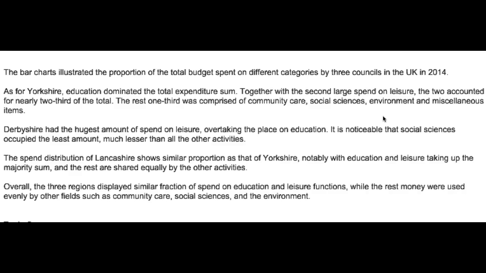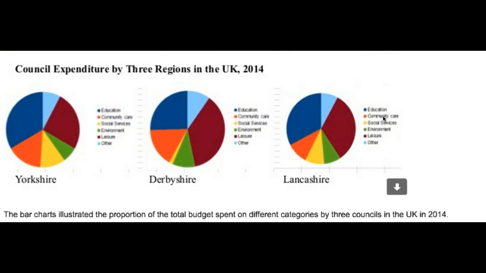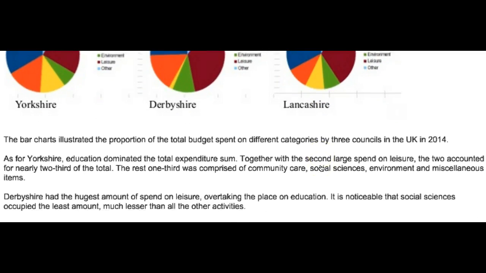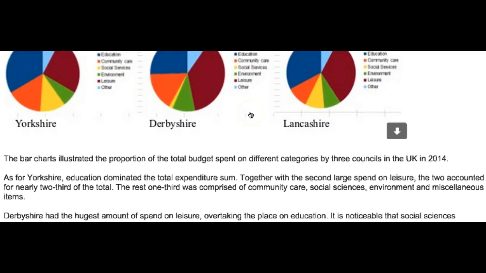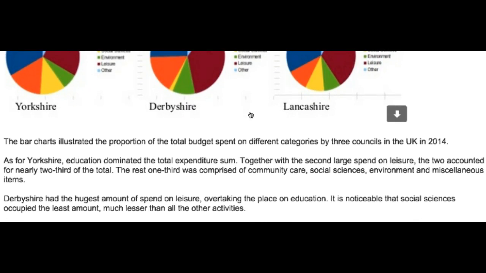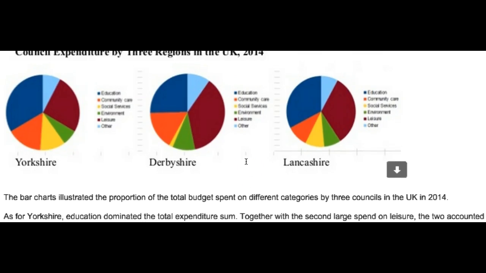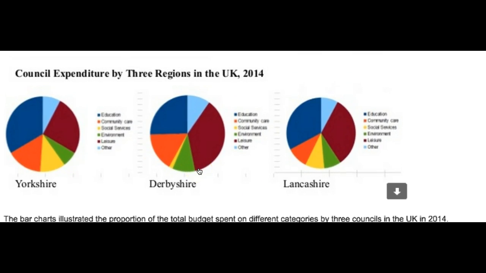Okay, now I can see how you've organised this. Personally, I would have gone for education and maybe leisure, talked about that in all 3, and then just talked about the other sectors for all 3 in the next paragraph. Then we've got 2 paragraphs, and it's a bit easier for you to make comparisons and use while and whereas.